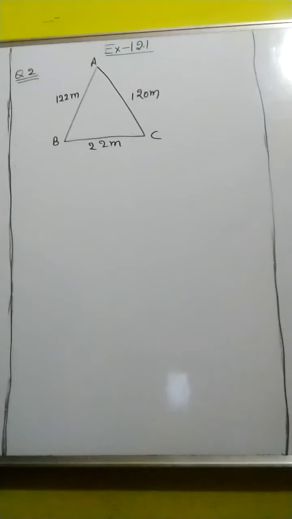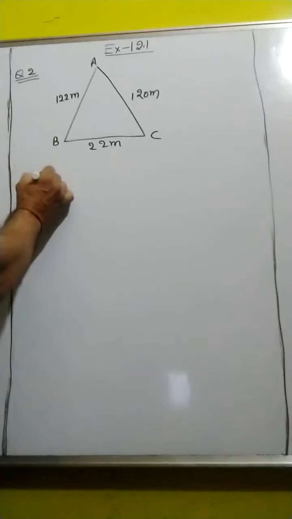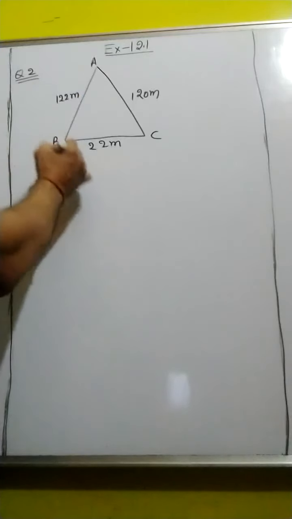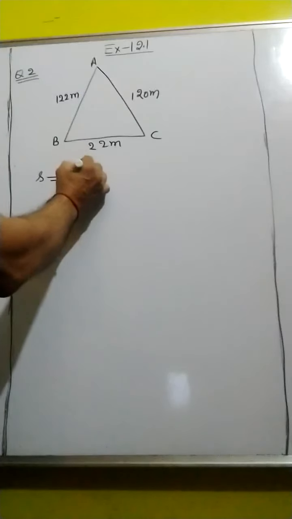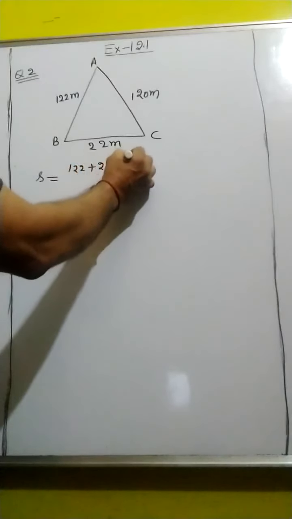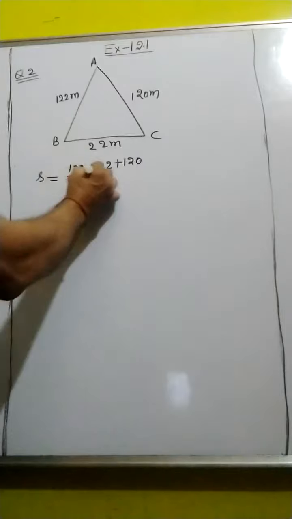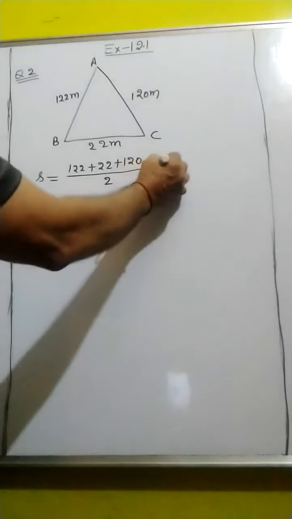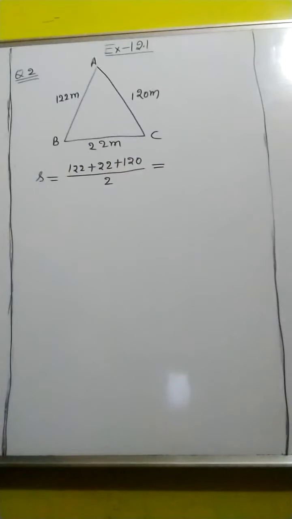and since the sides are given, first we will calculate the perimeter of the triangle. Perimeter will be the sum of the 3 sides, and small s is half of the perimeter. Small s is equal to 122 plus 22 plus 120 divided by 2.